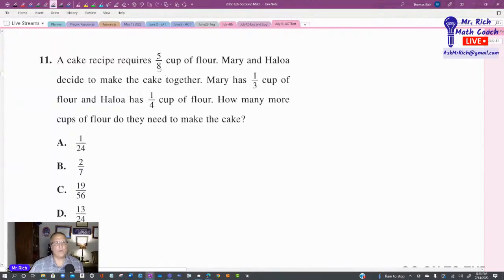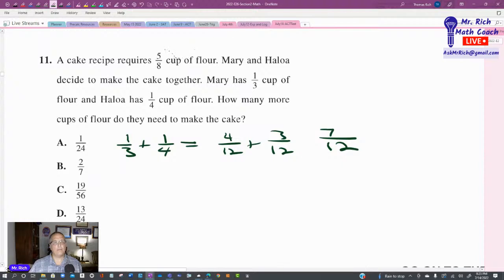This says a cake recipe requires 5/8 cup of flour. Mary and Haloa decide to make the cake together. Mary has 1/3 cup of flour and Haloa has 1/4. How many more cups of flour do they need to make the cake? All right, so I have to add 1/3 and 1/4. That's going to be 4/12 plus 3/12, or 7/12. But they need 5/8.